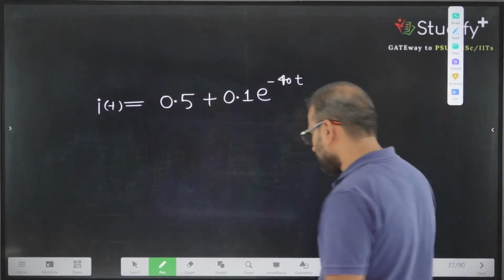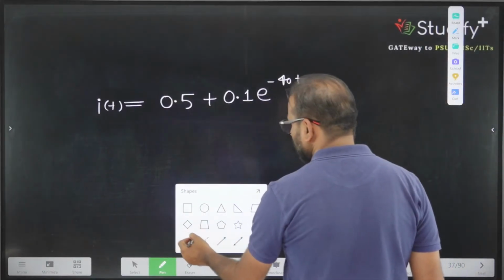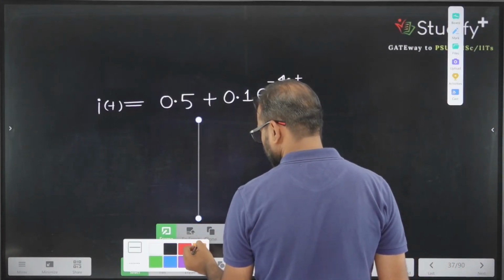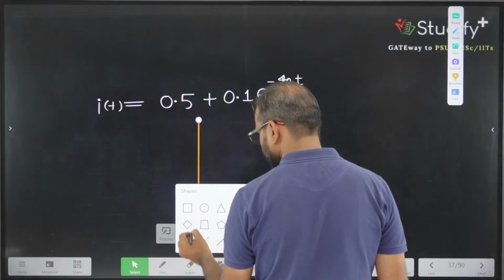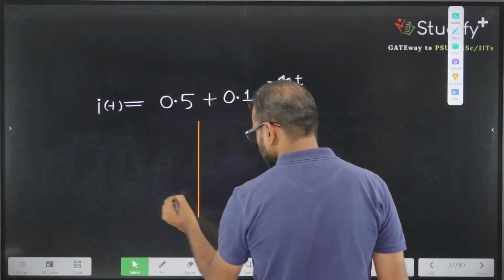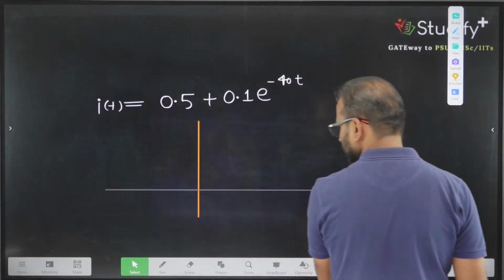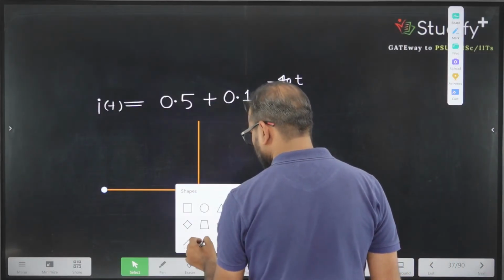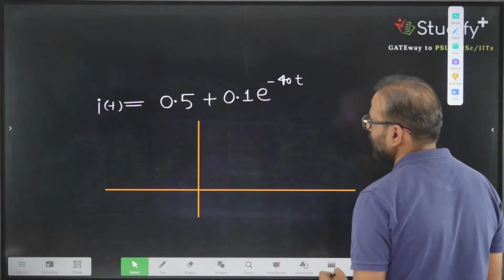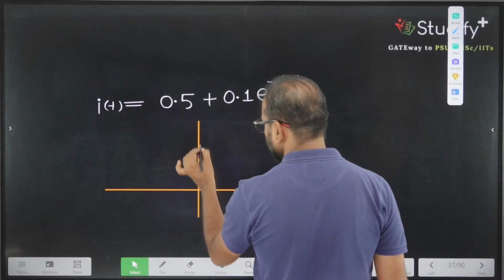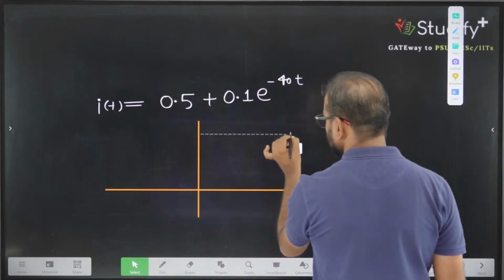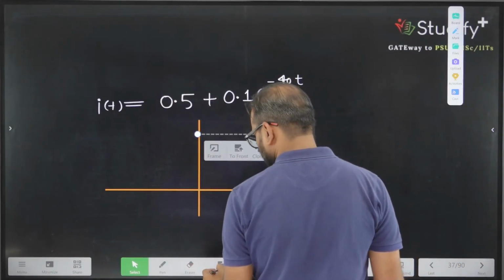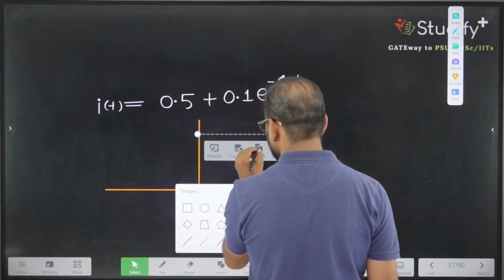This is the equation. So they are asking us to draw the i(t). So how can we draw the i(t)? What are the 2 points? The 2 points are 0.5 and 0.6. And what is the next point?